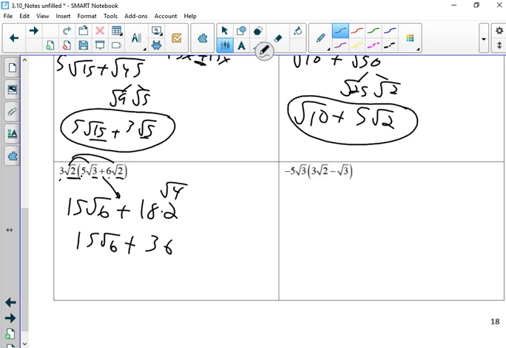And the last one is almost exactly like this, but let's just throw in some negatives for the heck of it. So we're going to distribute and distribute. Outside times outside, negative 15. Inside times inside, radical 6. The minus stays. Except, this is really a minus 1, right? And we're multiplying by a minus 5.